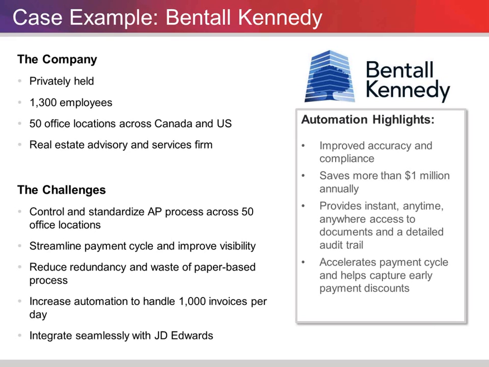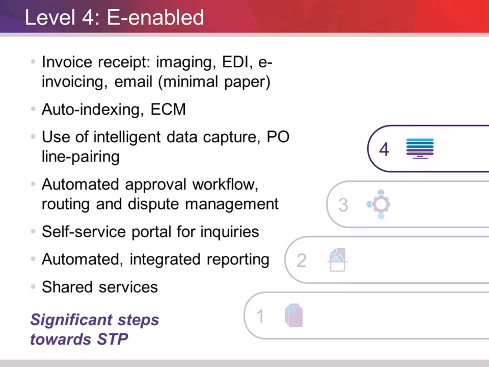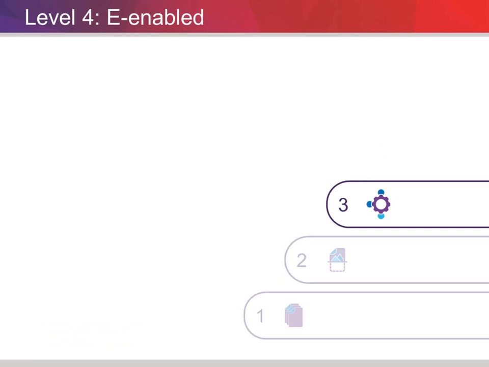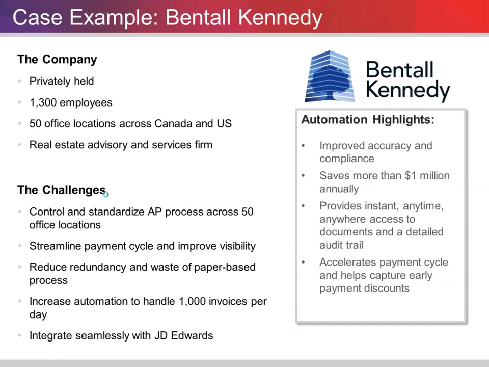From their standpoint, the invoices in this case are actually processed and handled out in the remote locations. They've got 50 different office locations across the country. For them, it's all about standardizing process. Without automation, in a paper-based process, there is very little, if any, standardization.